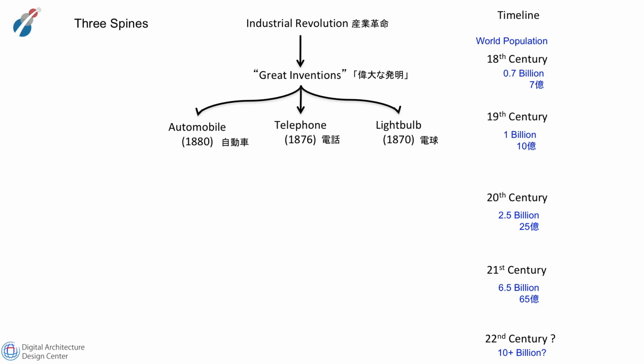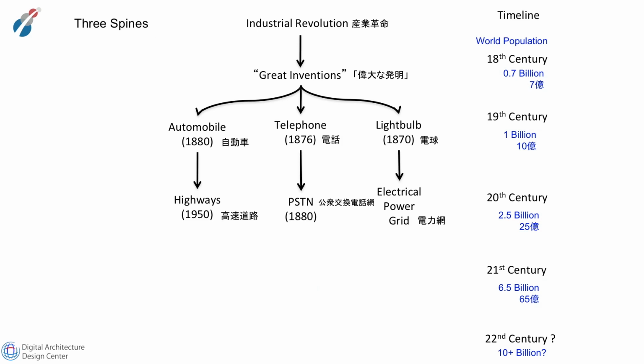And what we had was the time of what I call the great inventions, the automobile, the telephone, the light bulb, and this is the year of the first patent. A lot of these inventions were just not accessible to the larger population. There was not really a full system yet supporting them.